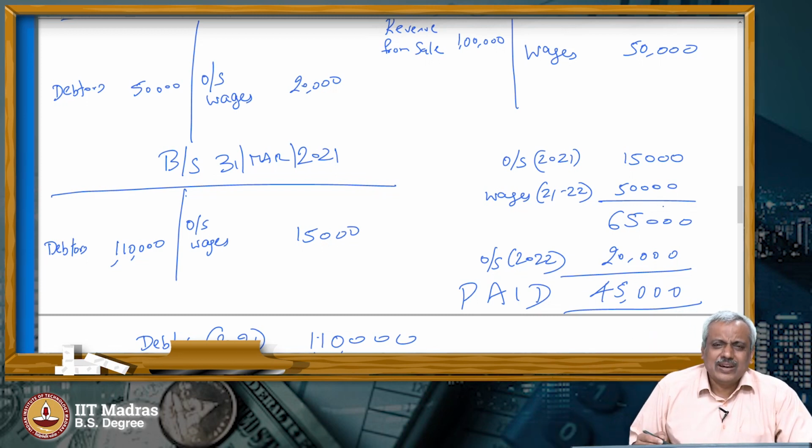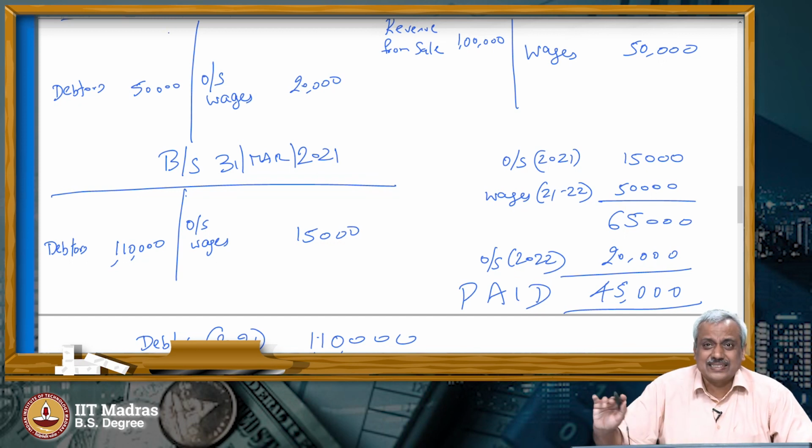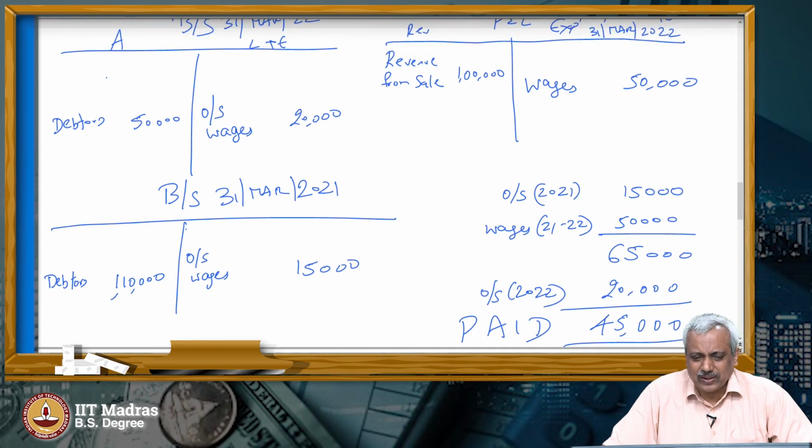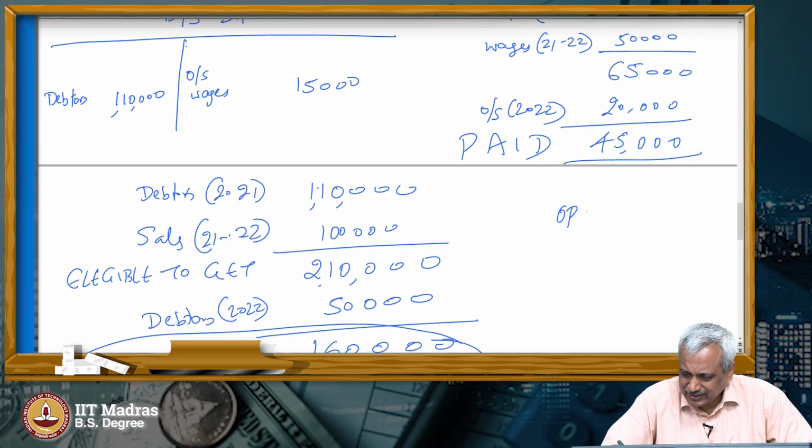Now, what happened? When I paid $40,000, my cash here is coming down. When I got 1,60,000, my cash here is increasing. That is as of 2022. So when you start your cash flow statement, you start with the opening cash. Opening cash means the cash balance as of 31st of March 2021.